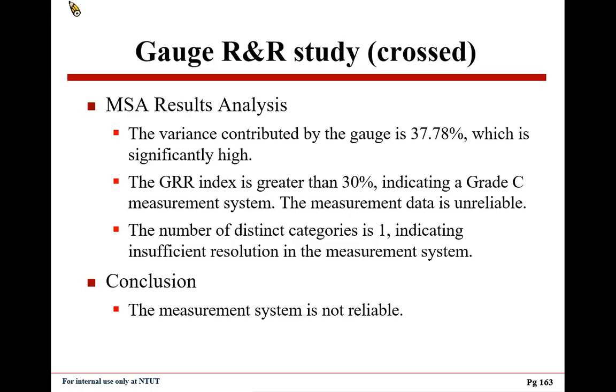And the gauge percent of tolerance is also greater than 30%, so it also indicates grade C, unacceptable, and the NDC is 1. We want it to be at least larger than 5. So in this analysis, we can conclude the measurement system is not reliable.